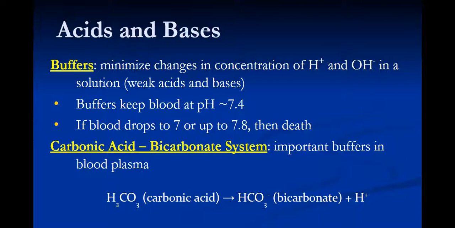We need very specific pHs for biological reasons. For instance, blood must be within a certain pH range. 7.4 is approximately what your blood should be on average. If it gets below 7 or above 7.8, it could lead to severely detrimental things.